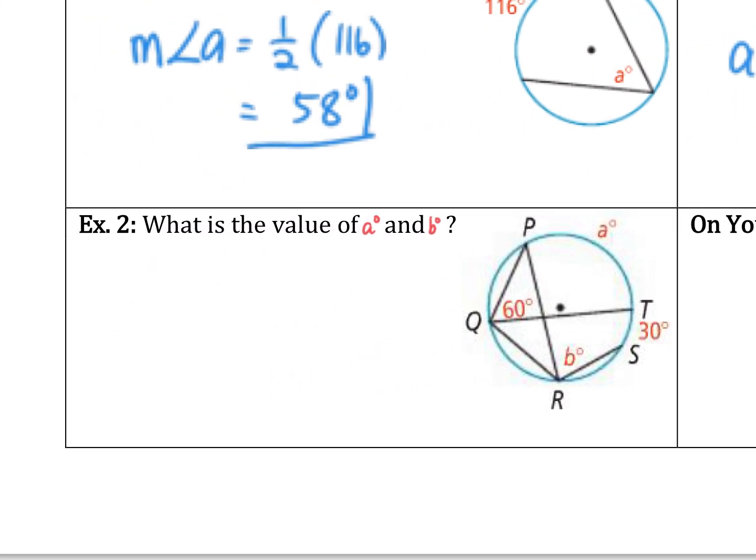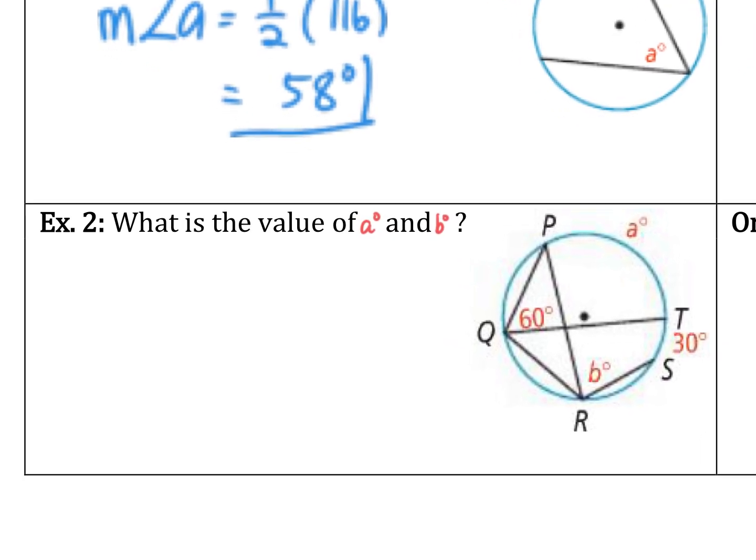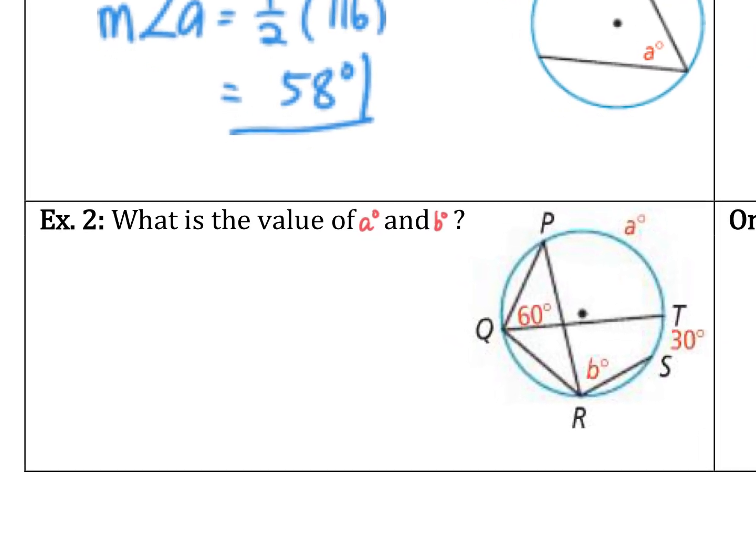Let's go to the next. Here they are asking us for the value of A and B. What information can we see? Here we have the inscribed angle, and the intercepted arc of angle PQT is actually this arc PT. What did we say about this theorem?